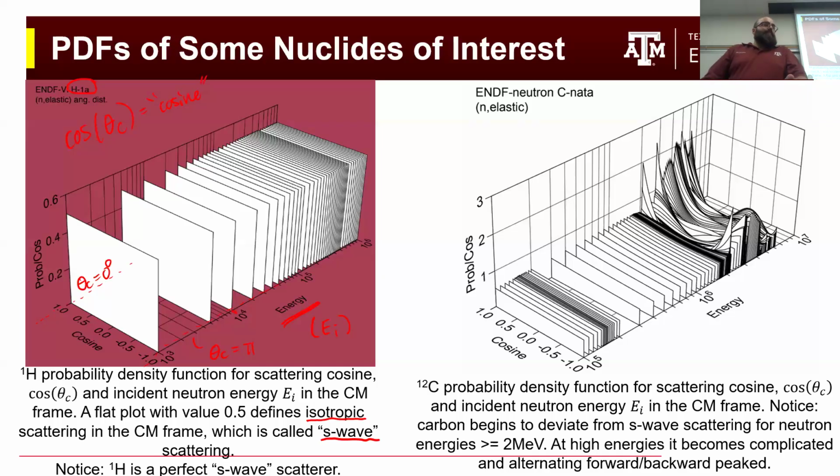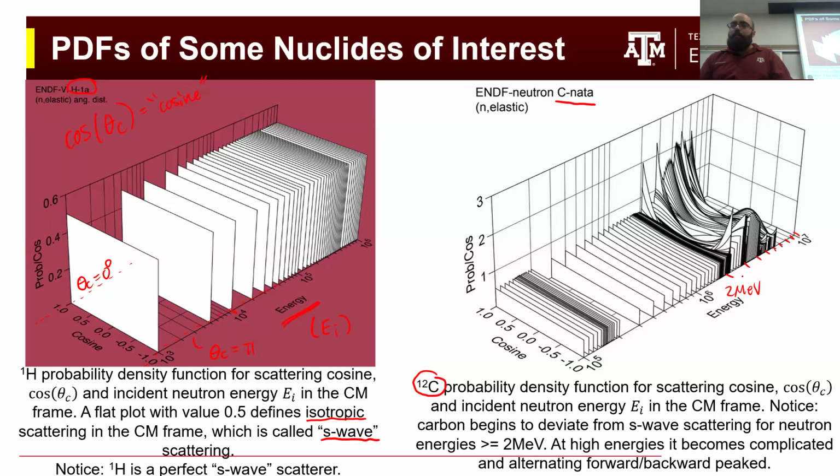But not all nuclei are as nice as hydrogen. This is a plot of natural carbon or carbon 12. And so notice that this is on a log scale, right? So if this is 10 to the 6 eV or 1 MeV, then this would be 2 MeV. And then that would be 3 MeV, 4 MeV, 5, 6, 7, 8, 9. And then once I get to 10 MeV, that's the same thing as 10 to the 7 eV.